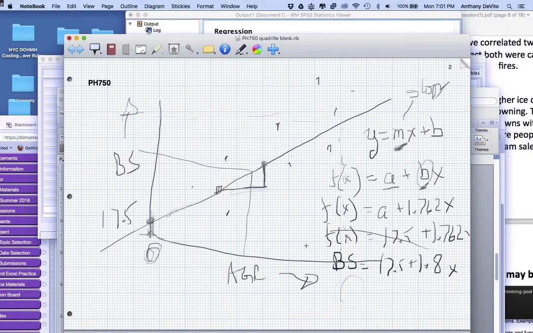That formula represents our best fit line, and we can use that predictively. If you tell me what someone's age is, I can calculate what I think their blood sugar will be. The better the correlation is, the better my predicting values are going to be.